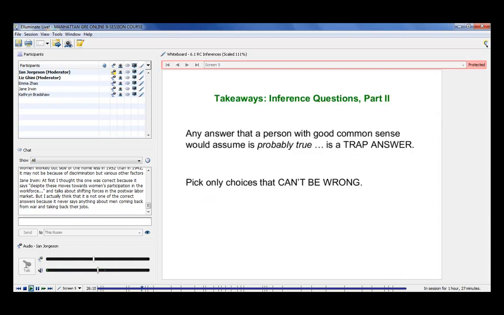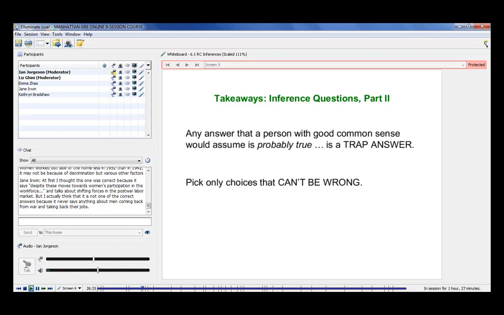In fact, it's probably true historically, but that's a trap answer because there's nothing in the passage that talks about the men returning from World War II. So we have to only pick the choices that can't be wrong. It doesn't really even matter if they say a really cool inference or come up with something incredibly intelligent. What matters is you can't argue against them.